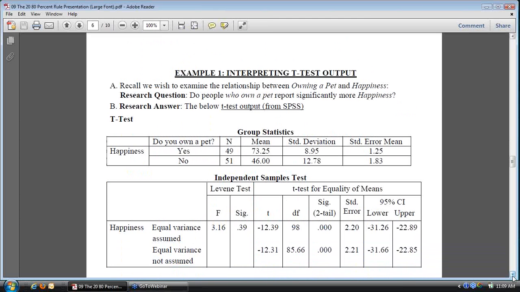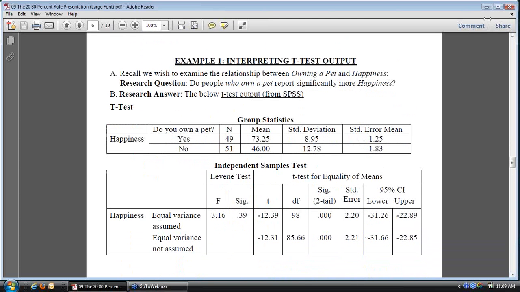So our first example, interpreting our t-test output. Again, recall, we're looking at the relationship between owning a pet and happiness. If we wanted to make that into a research question, we might say, do people who own a pet report significantly more happiness?